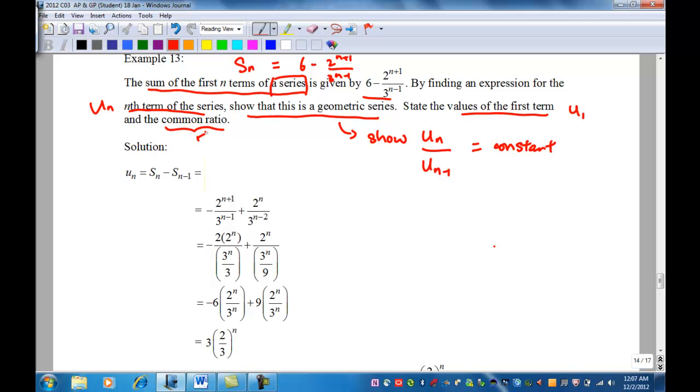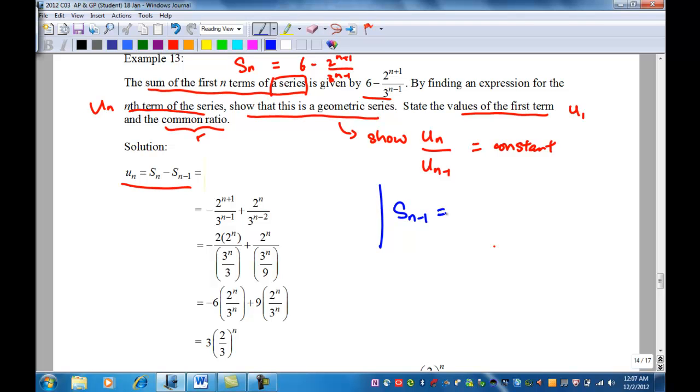So, as hinted by the question, we know we need to use the relationship that the nth term is the sum of the first n terms subtract the sum of the first n minus 1 terms. Over here, the tricky part is in manipulating the indices. First, let us discuss what the sum to n minus 1 terms means.